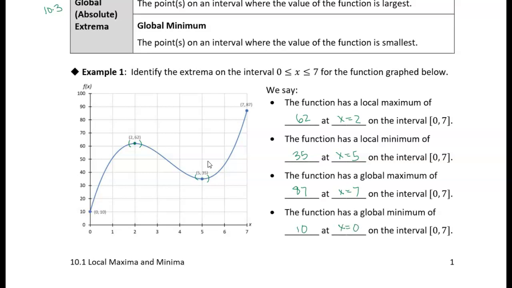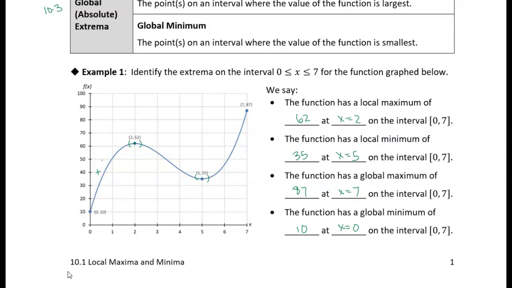All right, so that takes care of some of the vocabulary, but let's now look at this function from a calculus perspective. If we think about the derivative of this function f of x, remember the derivative is essentially the instantaneous rate of change, or the slope of the function at any given point.